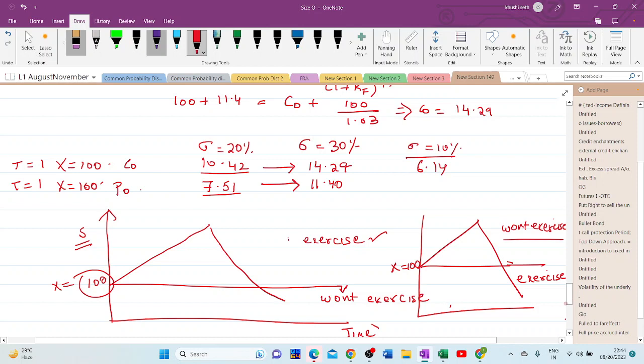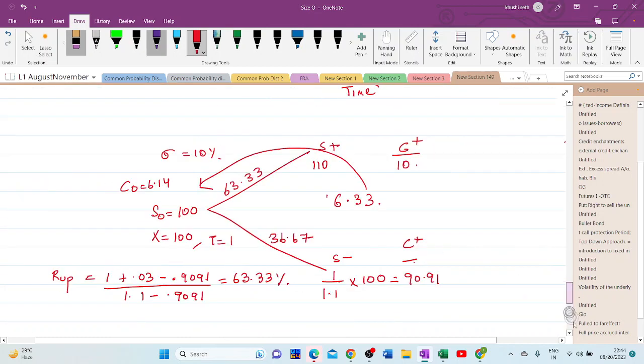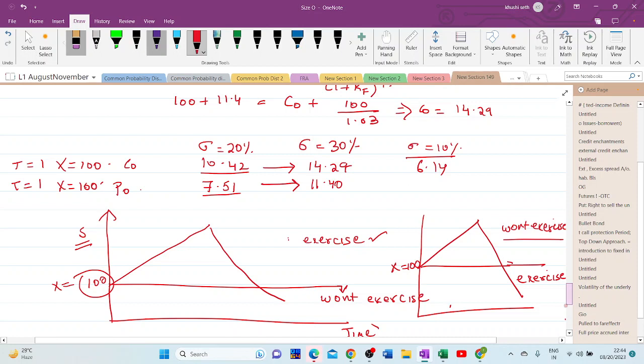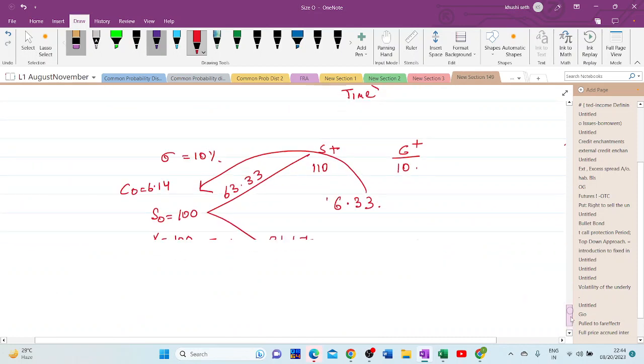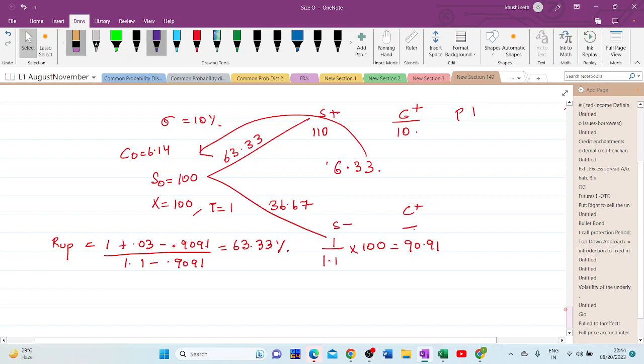वो वैसे नहीं हो सकता। तेरे को ये सब फॉर्मूला बैठा के कैलकुलेट करना पड़ेगा। तो पुट का भी निकाल लेते हैं। P plus is going to be 0 because if the price of the underlying increases, put option is going to expire worthless, out of the money, intrinsic value 0, and P minus is going to be 100 minus 90.91, 9.09.